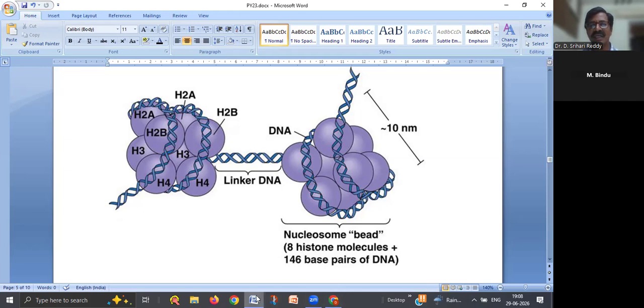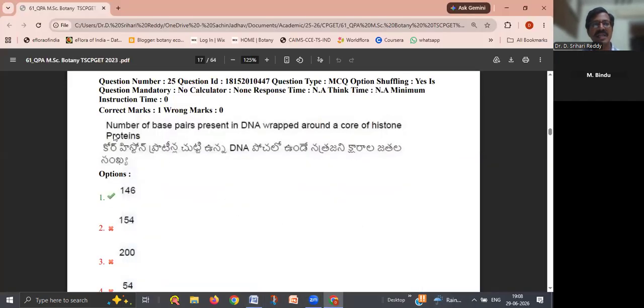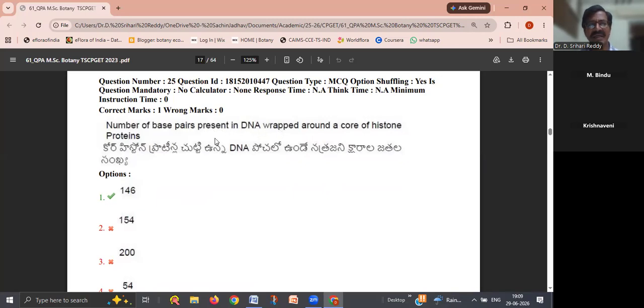So that is the right answer to the question: number of base pairs present in DNA wrapped around a core of histone protein. So that is the question, because the length of the DNA is measured in base pairs.